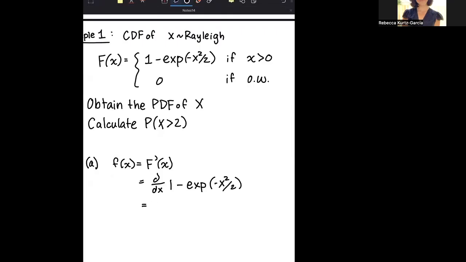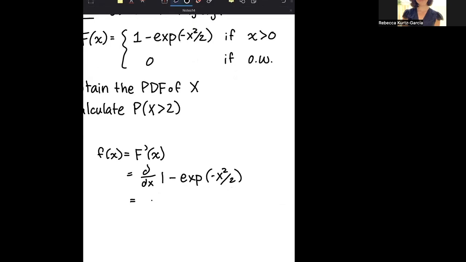Now the derivative of a constant is just 0, so we focus on e to the power of negative x squared divided by 2. We're going to go ahead and use the chain rule for this. Now, e to the power of something, taking the derivative of that is kind of nice. That stays the same. Now we need to take the derivative of the inside, which just becomes negative 2 over 2 times x.